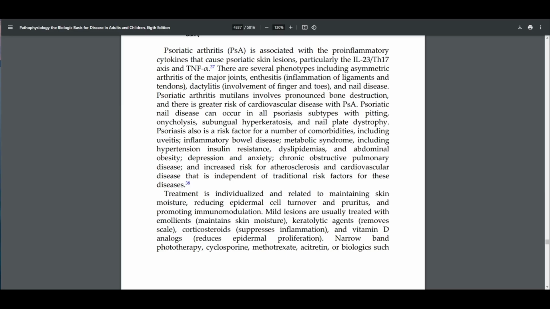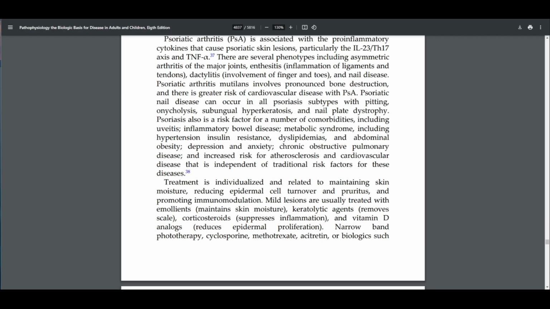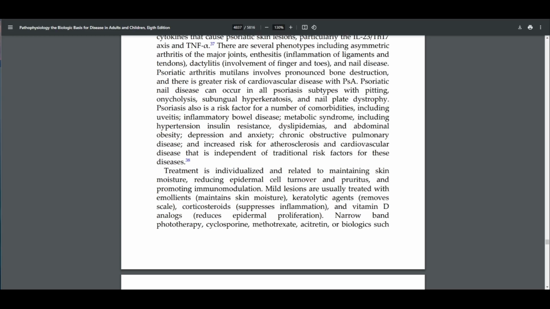Treatment is individualized and related to maintaining skin moisture, reducing epidermal cell turnover and pruritus, and promoting immunomodulation. Mild lesions are usually treated with emollients, keratolytic agents, corticosteroids, and vitamin D analogs.